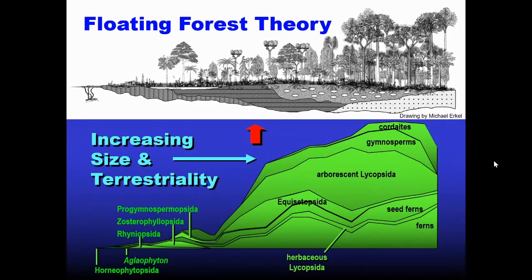And that is what is illustrated at the top. It's got progymnosperms out there, those tallest things off to the left, equiseta and lycopods off to the right, and the whole sequence of fossils I'm basically mapping right up onto the floating forest, developing a hypothesis for this thing.